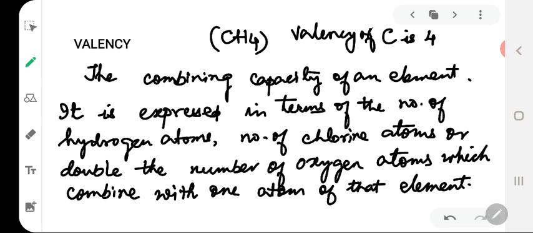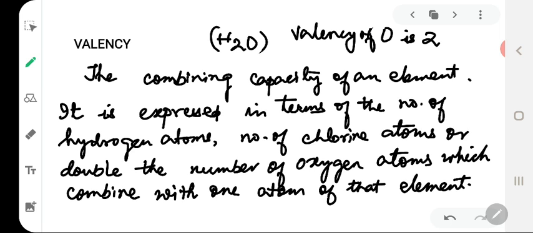In CO2, valency of carbon is 2. In water, valency of oxygen is 2.